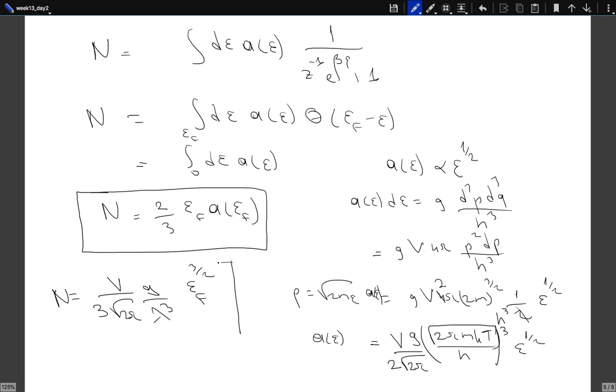So this equation tells us what the Fermi energy is. Now there seems to be a problem, the units do not match.